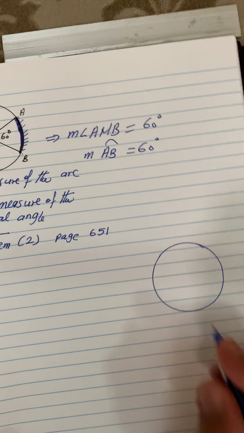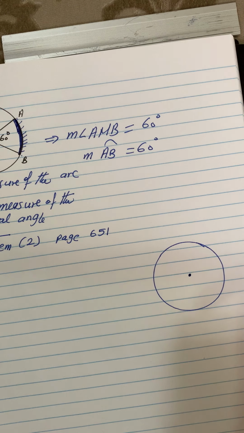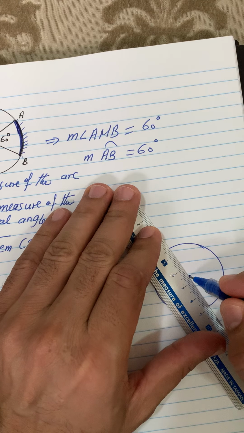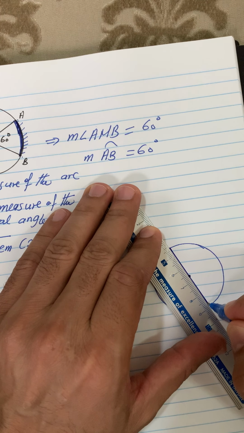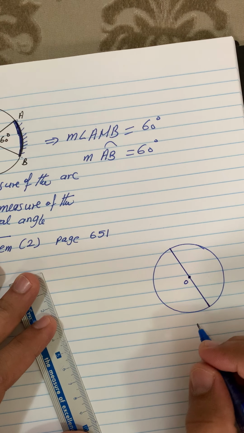We are given this circle. We have diameter AC drawn. The center is O, and the diameter is AC.